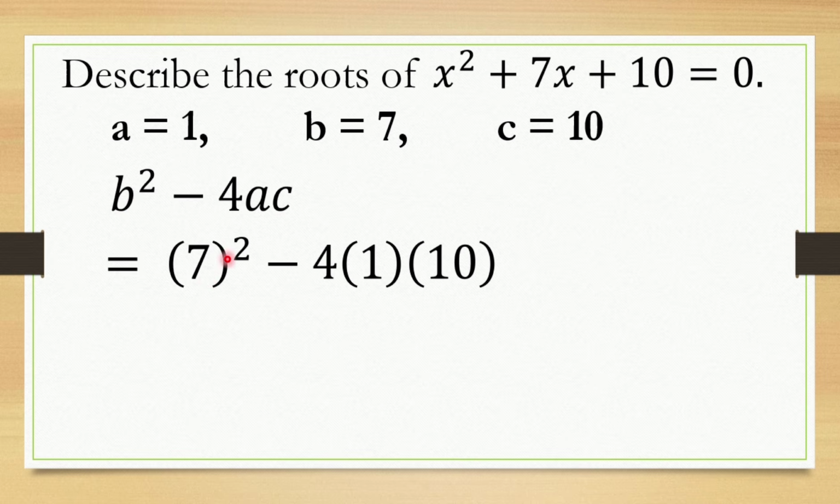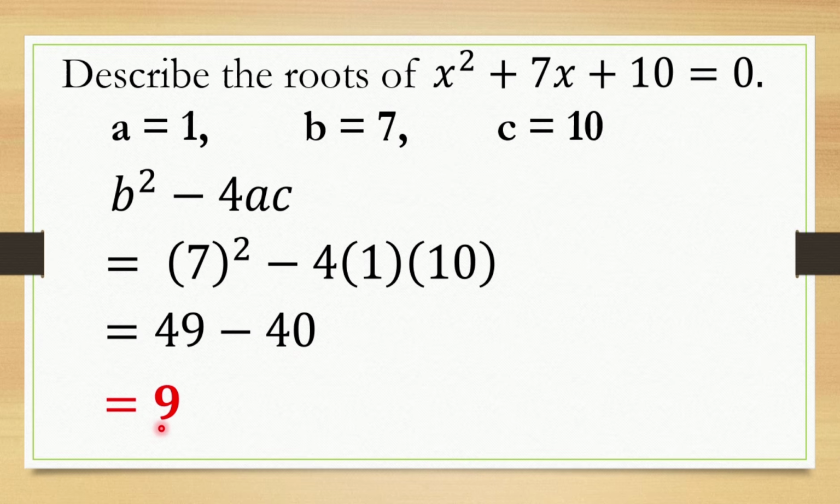So, 7 squared minus 4, our a is 1, our c is 10. So, let us simplify. 7 times 7, yan ay 49. And then 4 times 1, that is 4, times 10, that is 40. So we have 49 minus 40, that is 9. So ang nakuha natin ay 9.